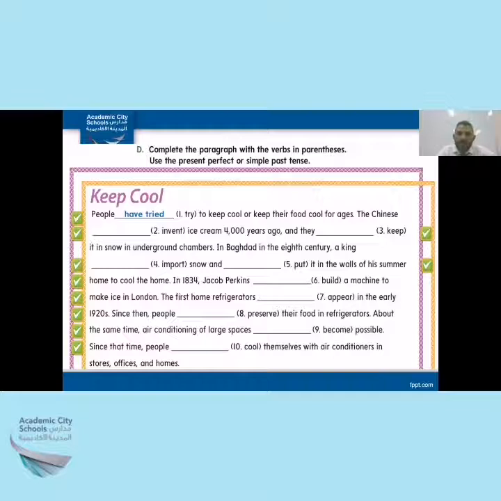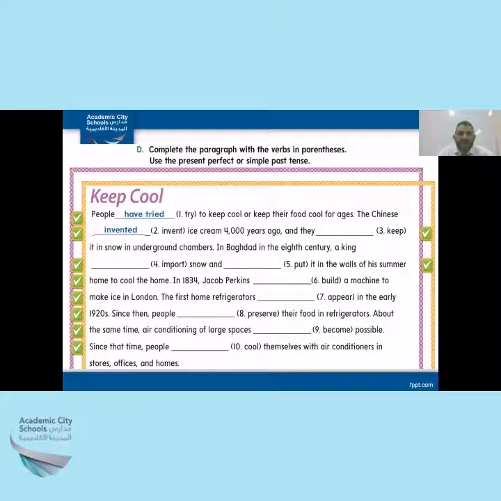Number 2. The Chinese, space, ice cream 4,000 years ago. Okay, here we have ago. 4,000 years ago. Ago is evidence of past simple. Excellent. The verb 2 of invent, invented.